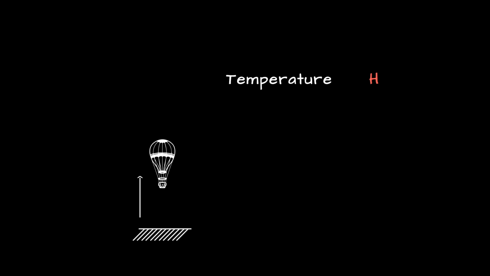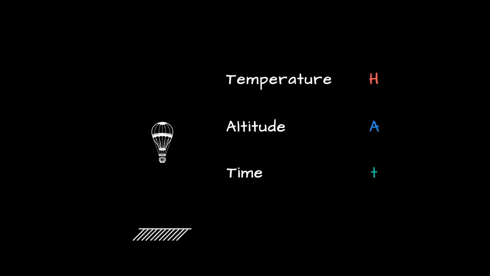One of them will be the temperature that you measure with your thermometer. Let's call that H. We can imagine that the letter H stands for heat. There's also the altitude of the hot air balloon, which is changing in time. Let's call that A. There's also, of course, time itself, T, which is steadily ticking onwards.